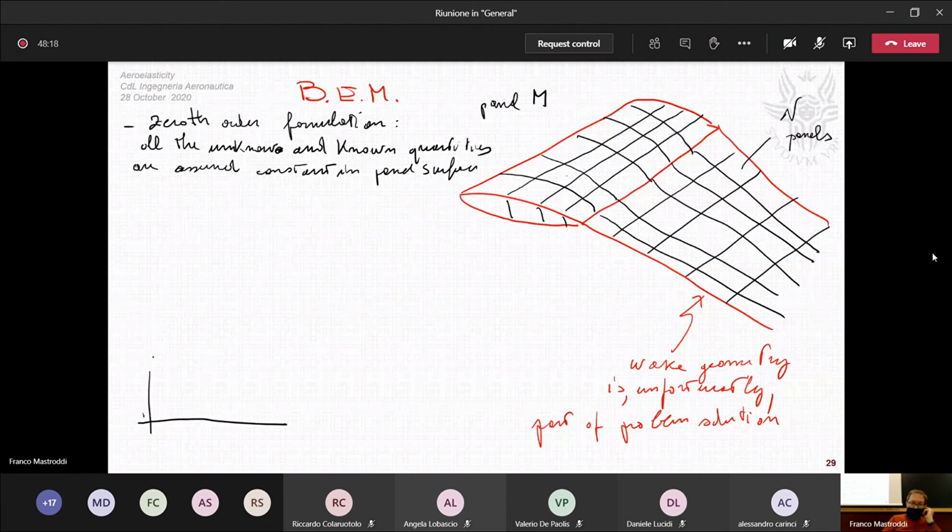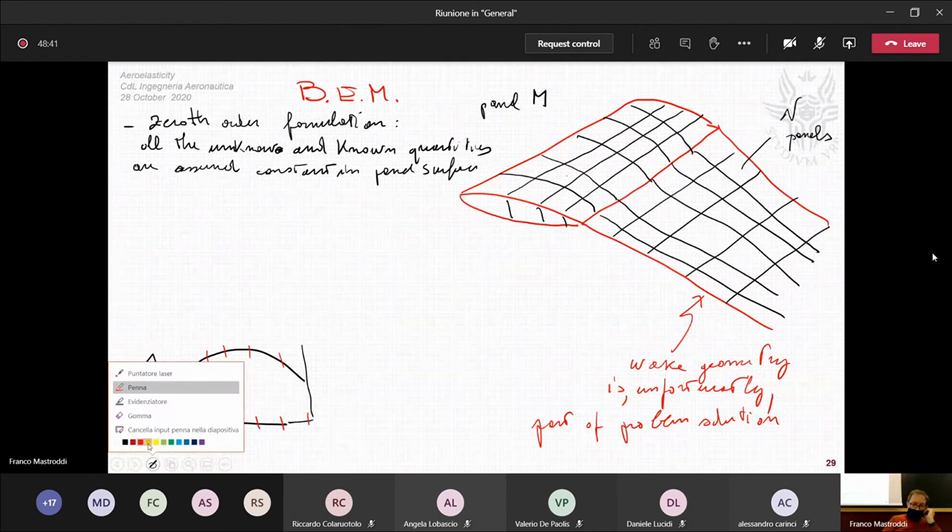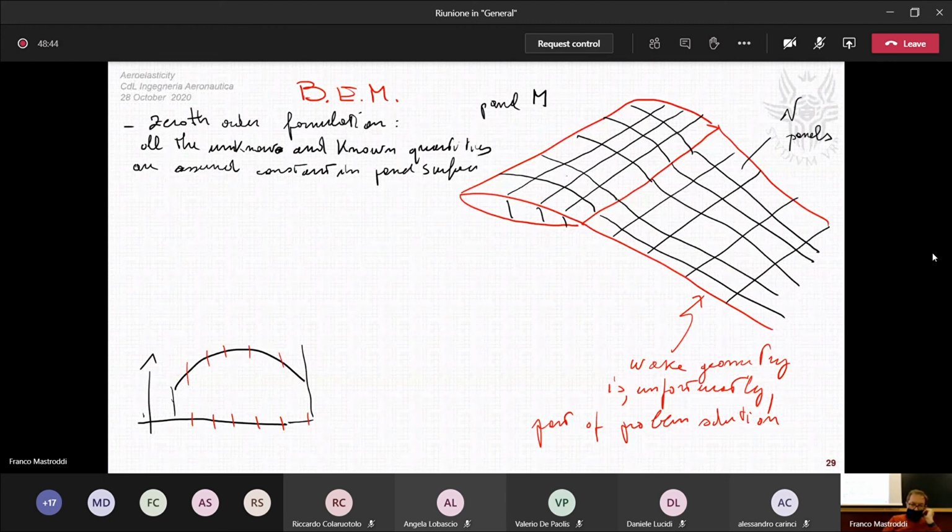Our zeroth order discretization means the following. You have a continuous curve like this. If you subdivide your domain in panels like this, zeroth order means that in this view, any quantity is considered to be constant in a panel like this, constant. This is zeroth order formulation. Okay?